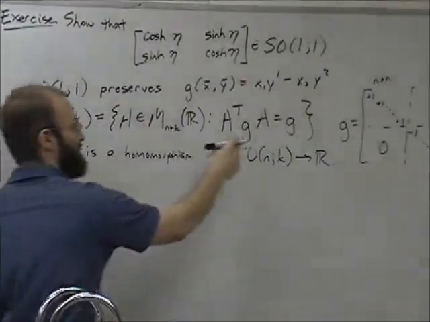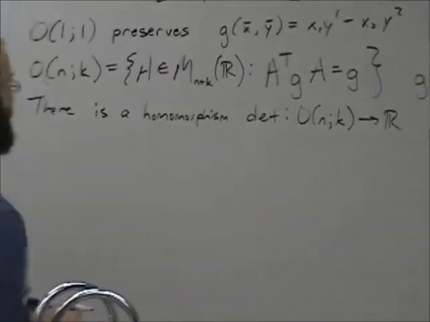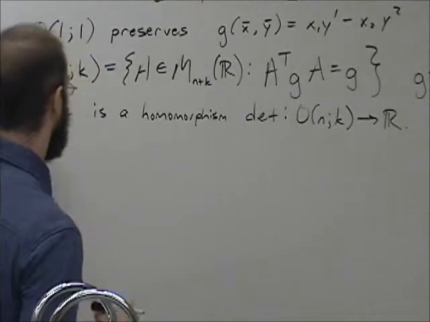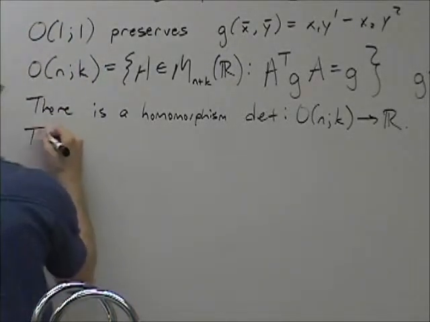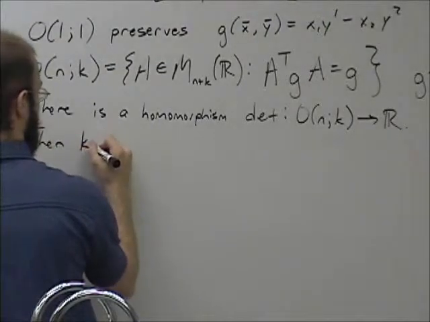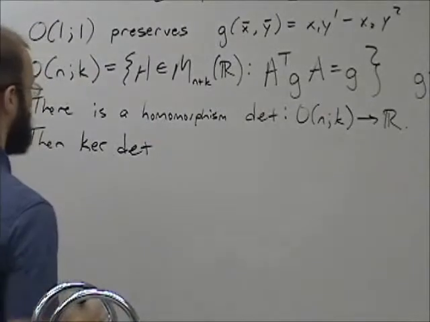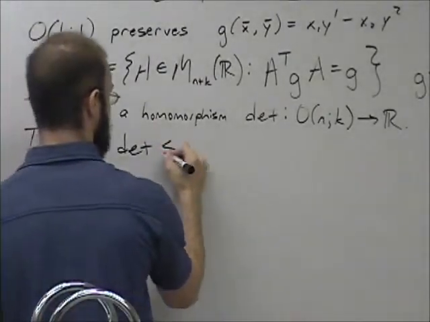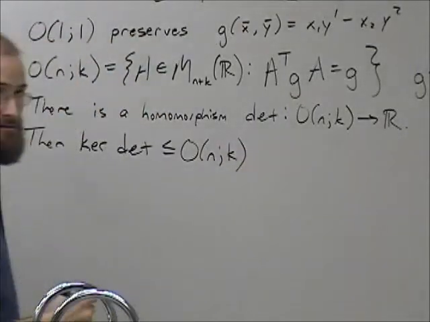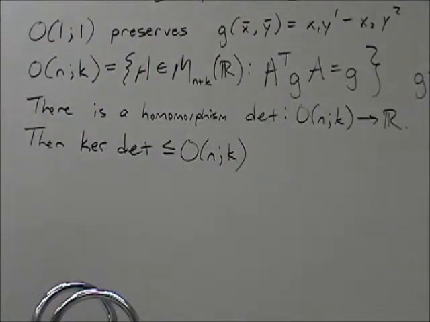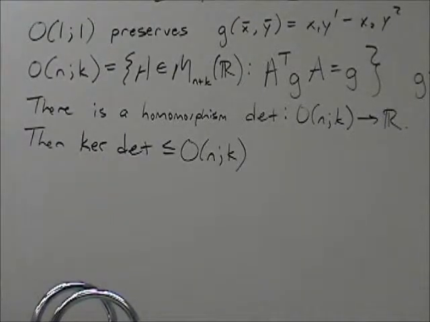We talked about the determinant before, and it preserves products, and you can show that it's in fact a homomorphism, so this is a claim that should be shown. Then the kernel of the determinant is the subgroup SO(n,k). It's actually a normal subgroup, right? The kernel of any homomorphism is always a normal subgroup.